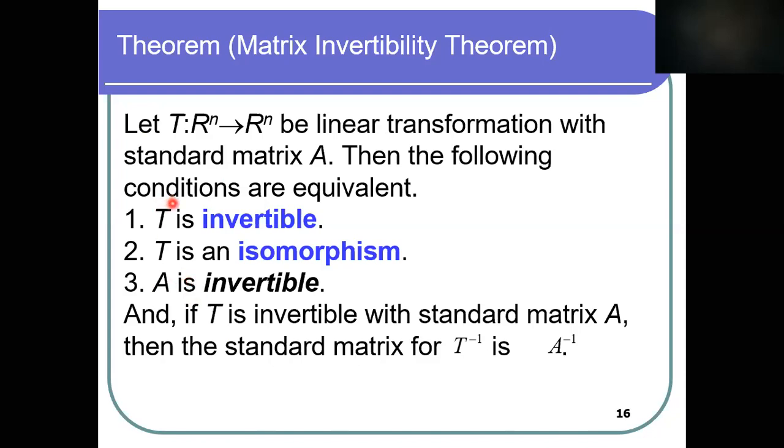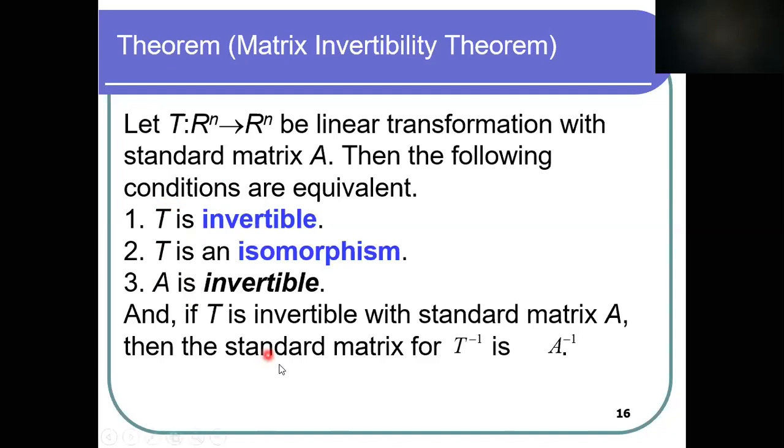Why does all this happen? Because when we started our lecture, I told you that whenever you are talking about a matrix, there is always a linear transformation, and whenever you are talking about a linear transformation, we are always talking about matrices. So corresponding to every matrix there is a linear transformation, and corresponding to every linear transformation there is a matrix.